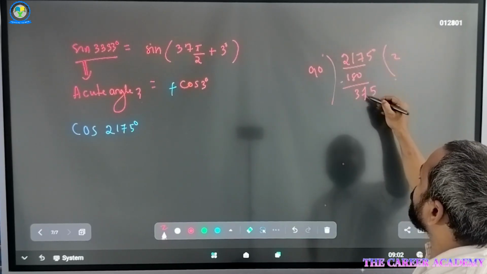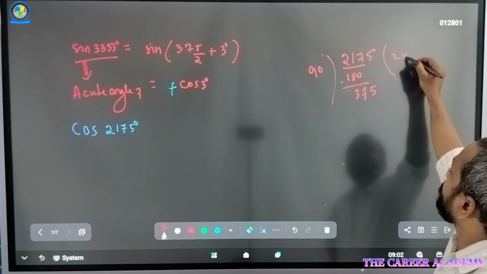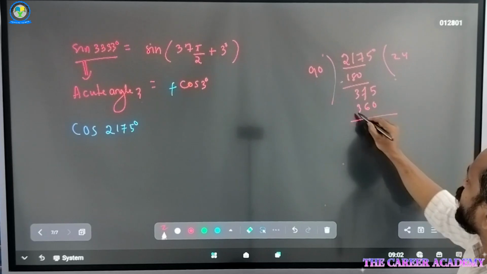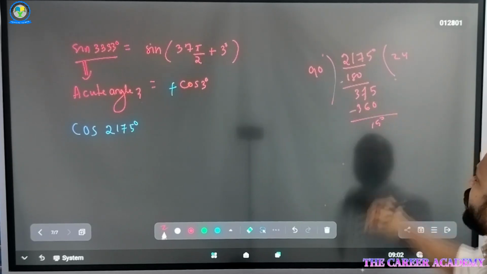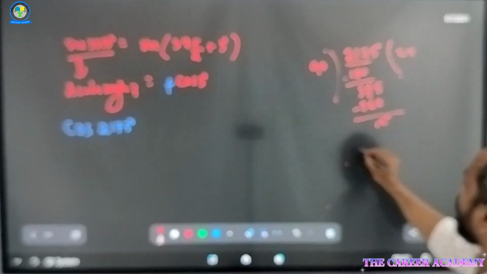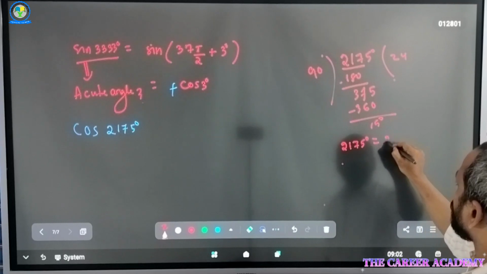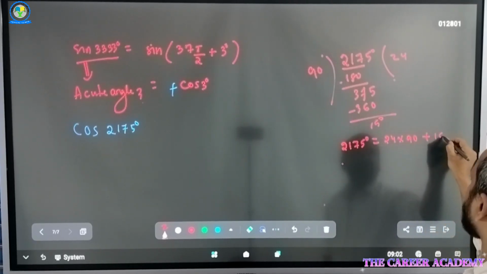Now take carry 5. 90 times 4 is 360, so 375 minus 360 is 15 degree. That means we can write 2175 degree as 24 into 90 plus 15.